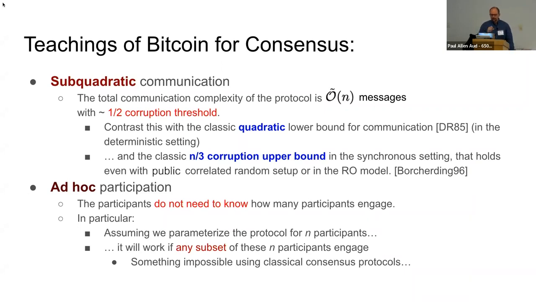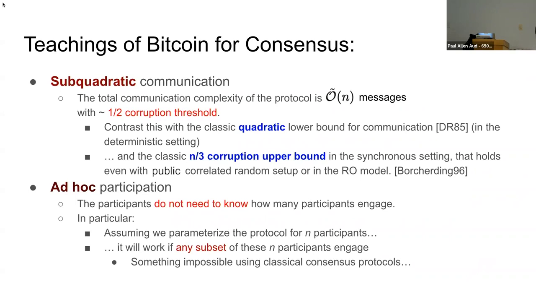Furthermore, there is another classic bound for corruption that says that even if you have a correlated random setup in the random oracle model, you should not be able to go beyond n/3 corruption. And that's also something that Bitcoin manages to circumvent. How does it manage to circumvent?